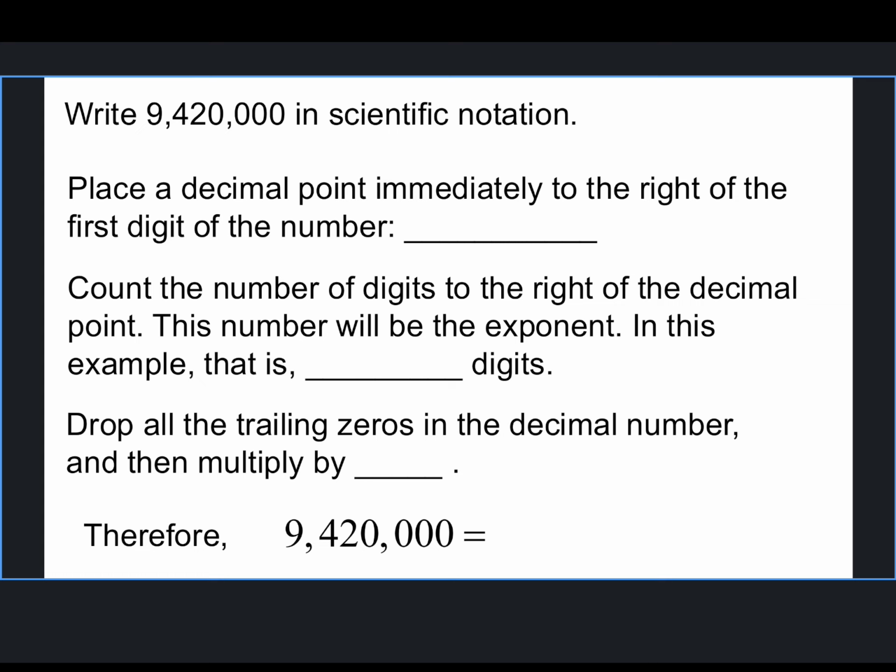And then we drop the trailing zeros in the decimal and multiply by 10 to what power? 6. So 9,420,000 is equal to 9.42 times 10 to the 6th power.